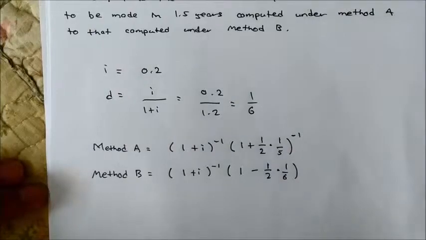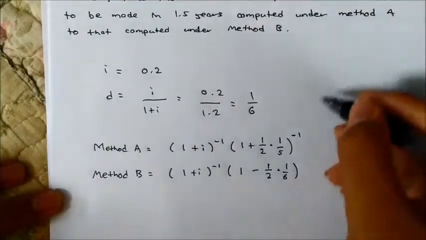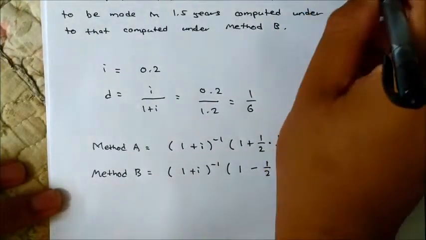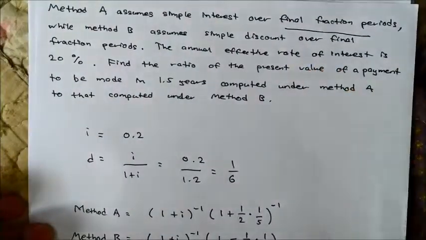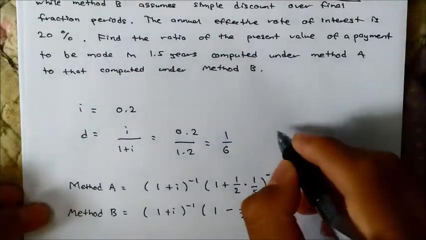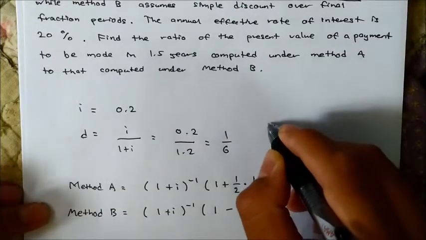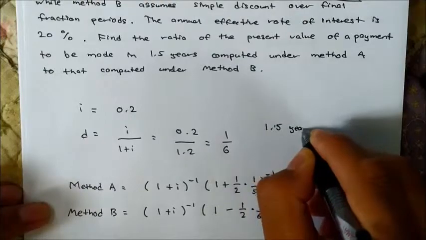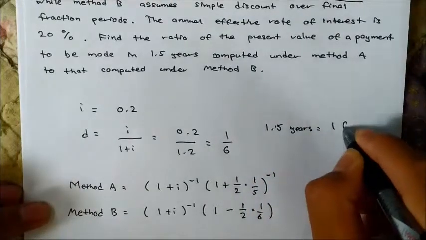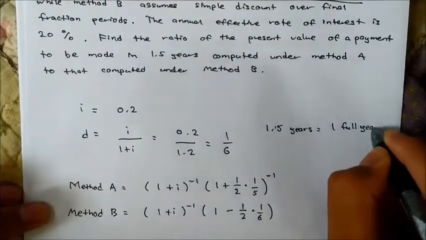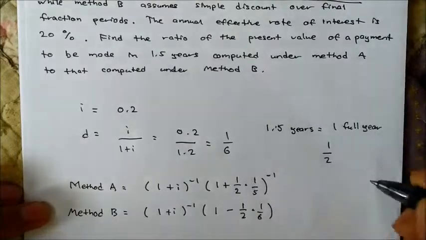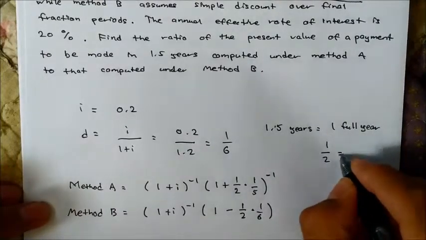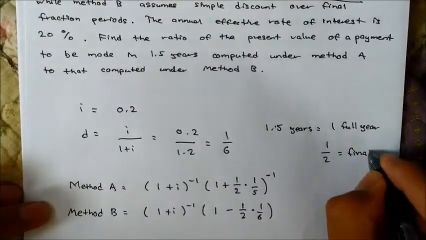Now, before we proceed, since the question wants final fraction periods here, the question gave 1.5 years, which is equivalent to 1 full year, and half of it is actually the final fractional period.